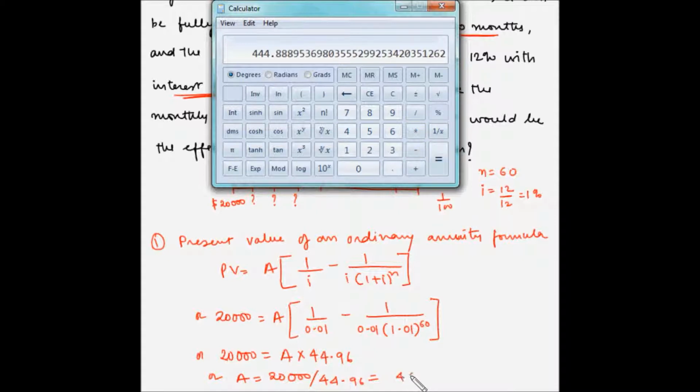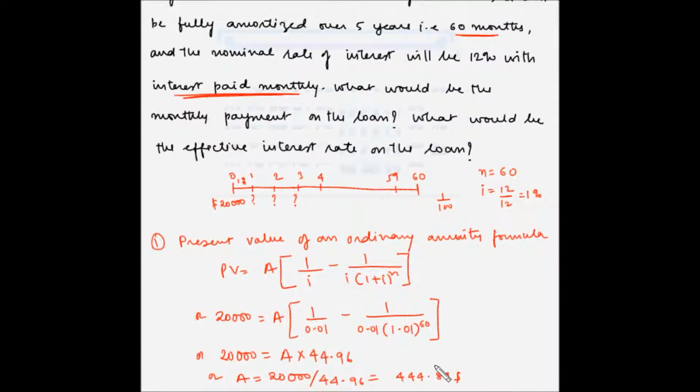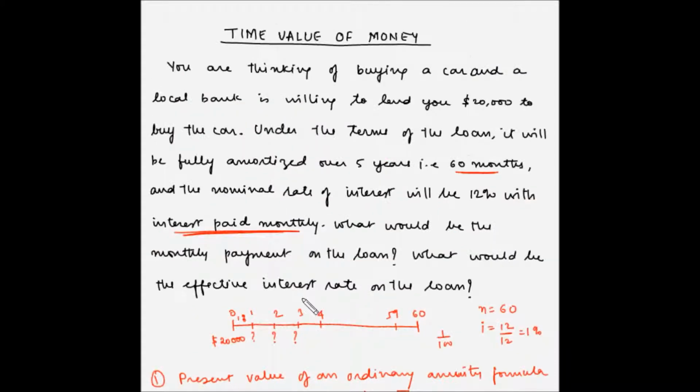So this is $444.89. This is the monthly payment that you will have to make if you take a loan of $20,000 to be paid in 5 years at 12% interest per annum.